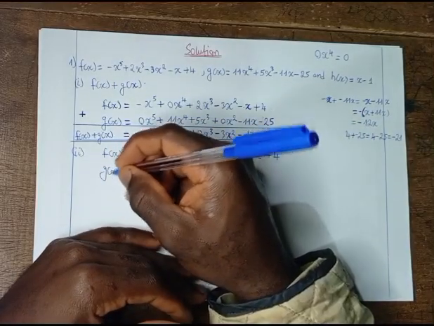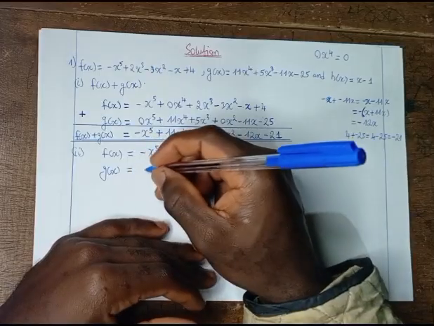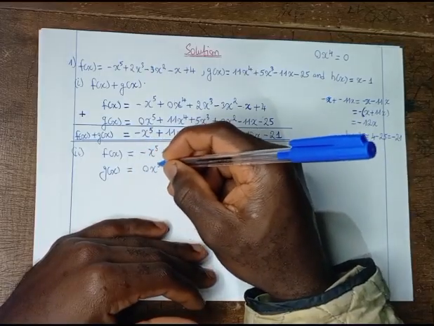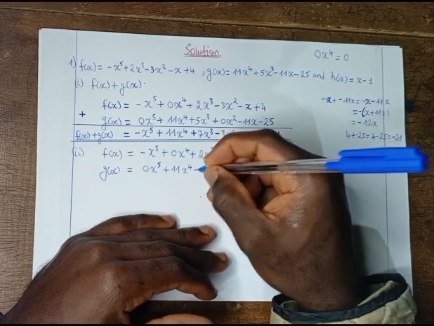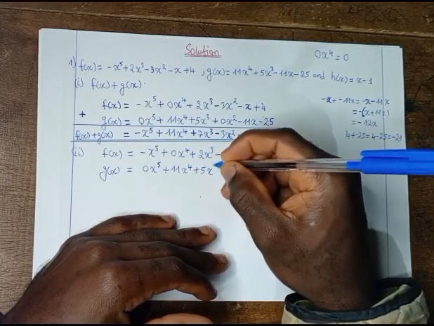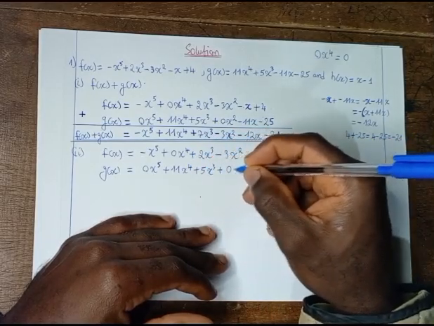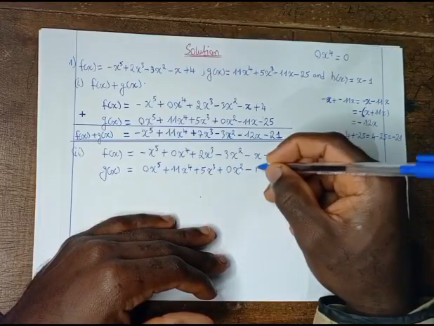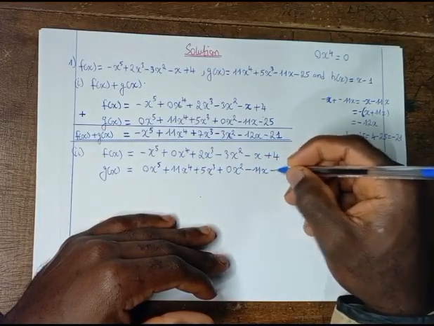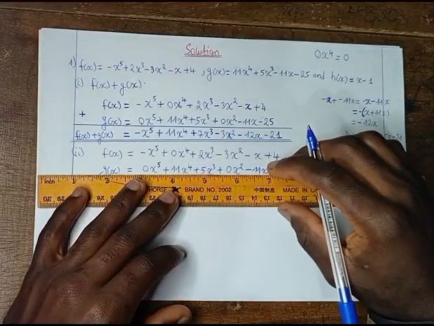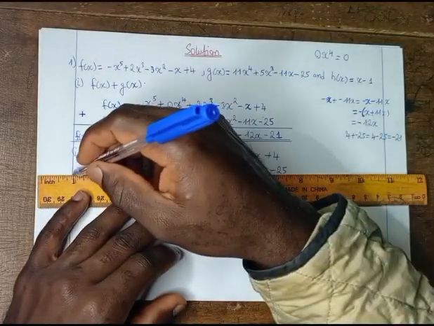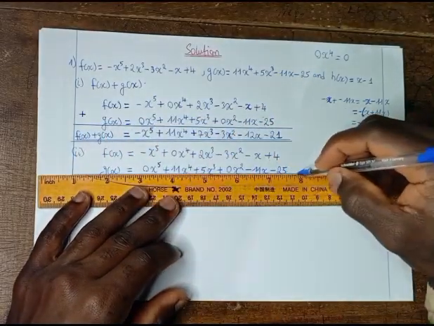G of x is equal to 0x to the power 5 plus 11x to the power 4 plus 5x cubed plus 0x squared minus 11x minus 25. We are going to draw the horizontal line, and we put the minus sign.